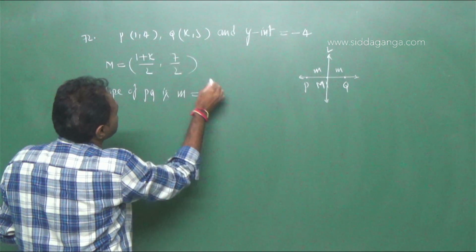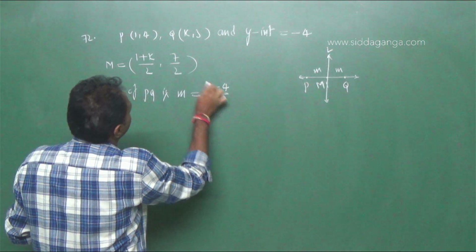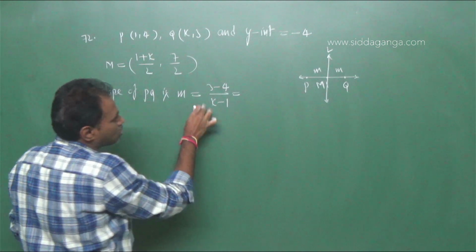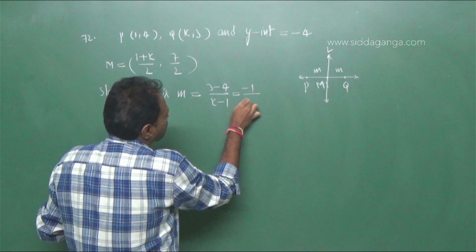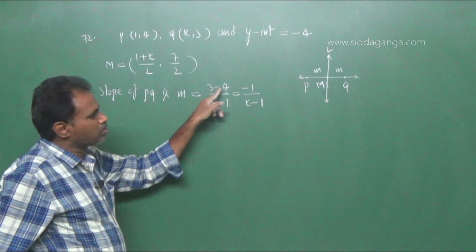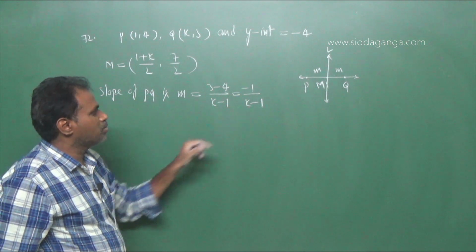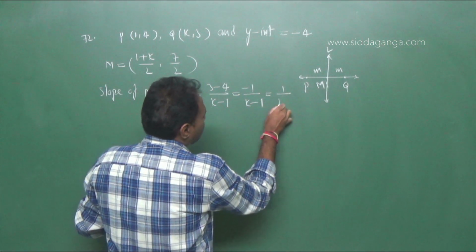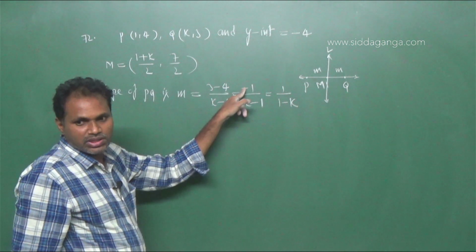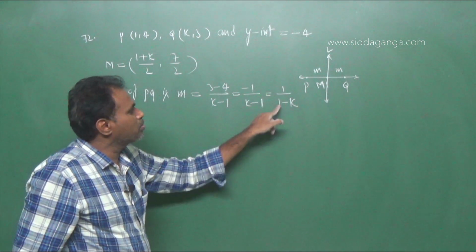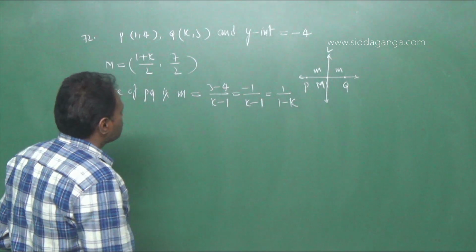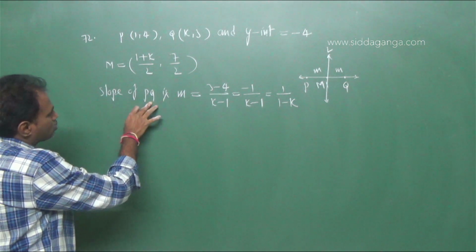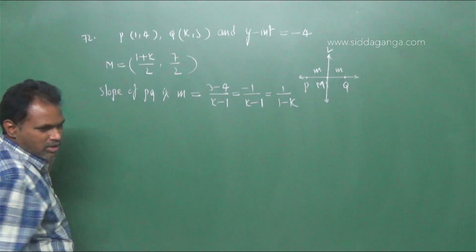That is (3 minus 4) divided by (k minus 1), which is equal to minus 1 by (k minus 1). This you can write as 1 by (1 minus k). Now, the slope of the PQ line is 1 by (1 minus k).